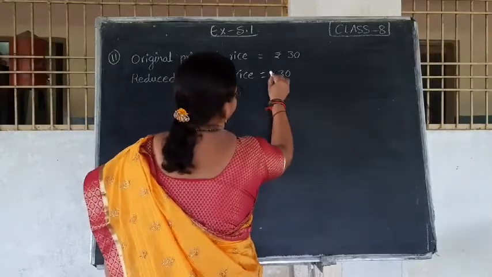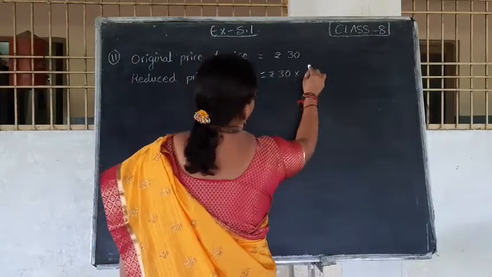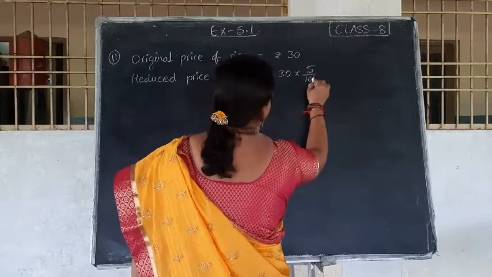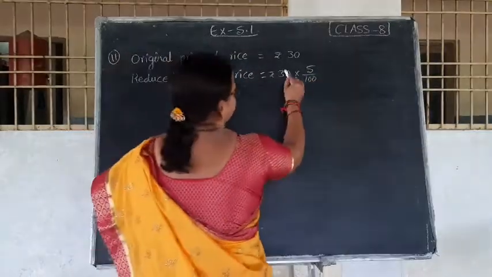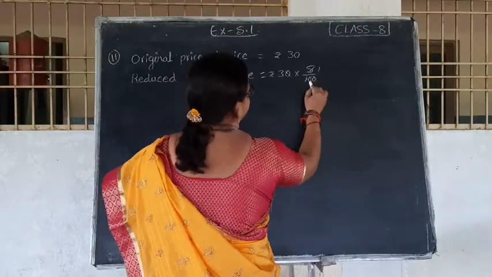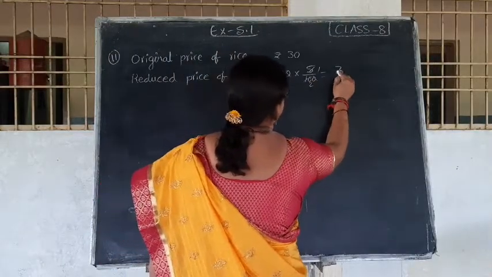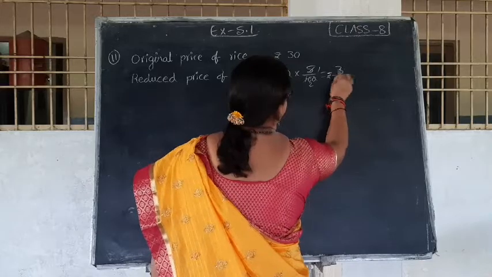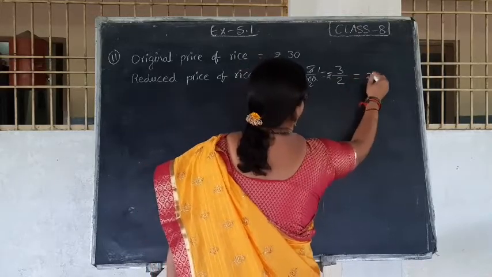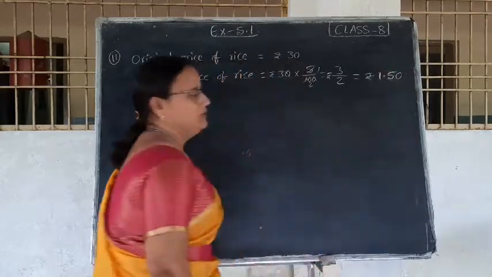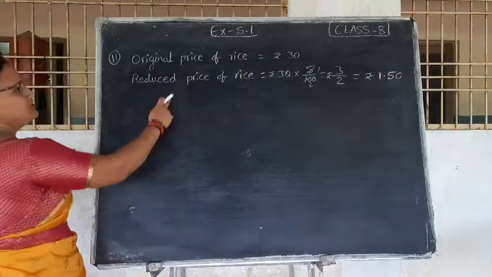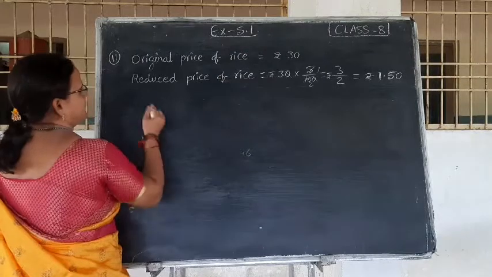To find the reduced price, you have to multiply the price with the percentage. So 5% means 5 by 100. Zeros cancel, 5 ones are 5, 5 twos are 10. So the reduced price is 3 by 2 rupees, which means 1.5 rupees, 1 rupee 50 paise. So the reduced price is 1.50.